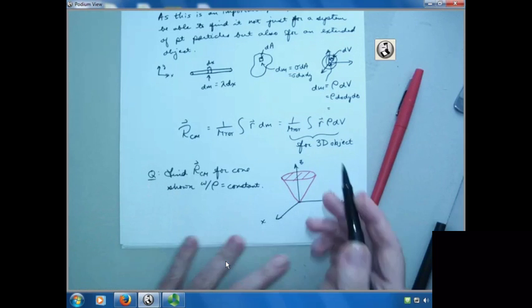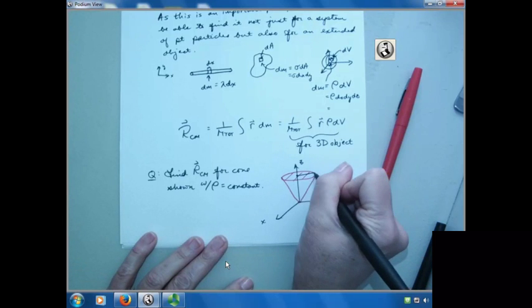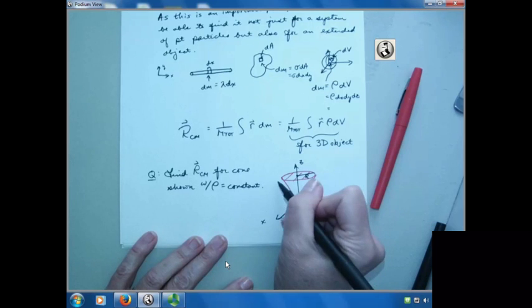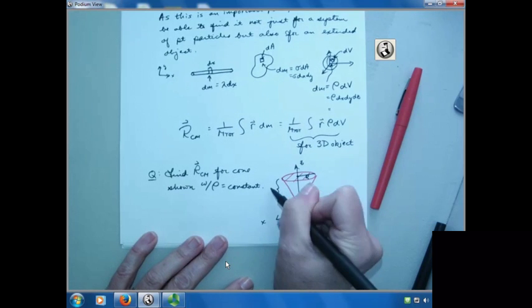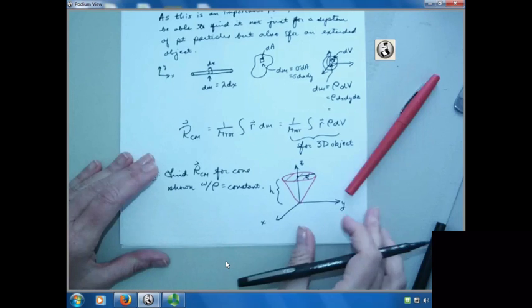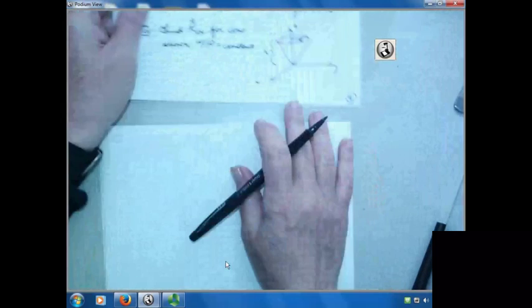The other things I have to label in the cone: I'm going to call the maximum radius of my cone capital R, and the height of the cone is going to be called H. So I'm going to need my answer in terms of those things, potentially. And I think that is it. So I'm going to go ahead and start working the problem. Normally I give you guys a couple of minutes, but it's probably been a while since you have done something like this, so why don't I just show you how to do it. All right.